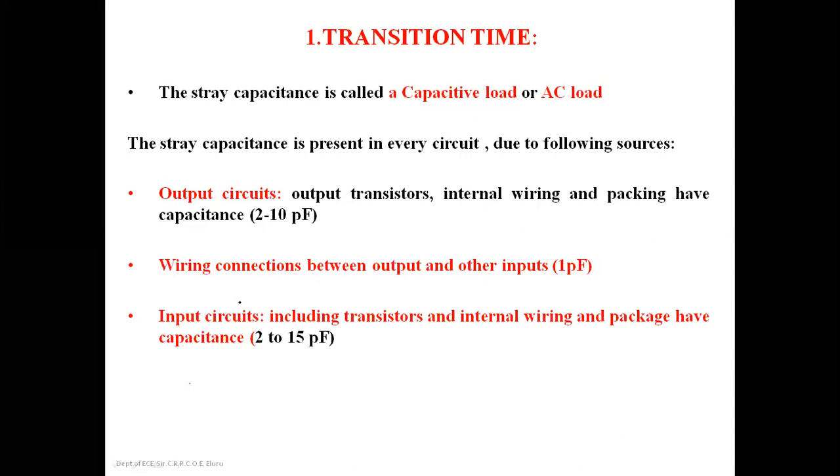This stray capacitance is present in the circuit due to three sources. The first one is the output of the circuit, the second one is the wiring connections between the output and the other inputs, and the next one is the inputs. For example, I am representing it with a block diagram: here you have a CMOS inverter first stage, and here a CMOS inverter second stage.